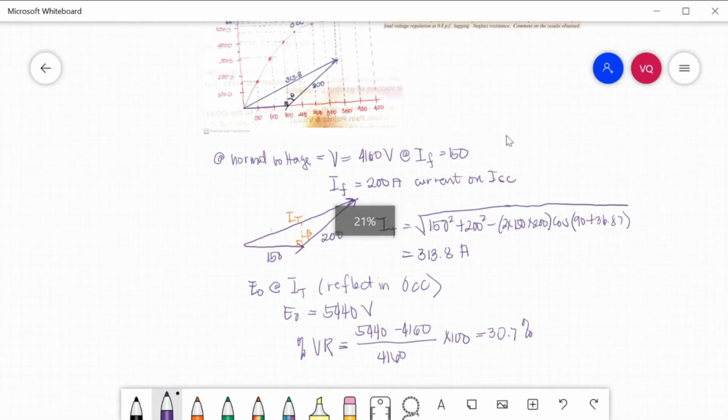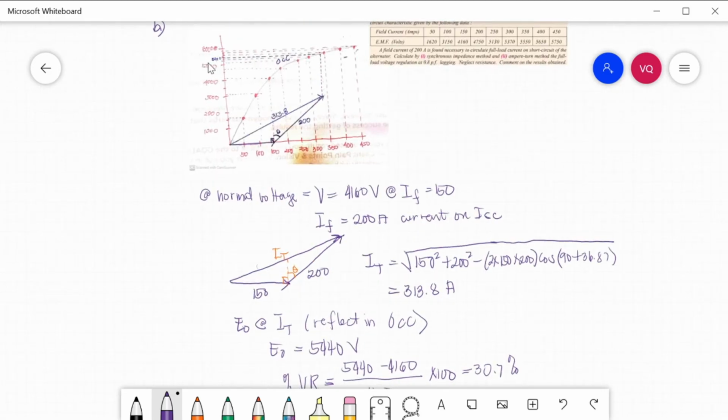So it is simple to use Rothert's method. You need to solve the IT first and then reflect it on the graph. And then you will get the no load voltage and then you can solve for percent VR.